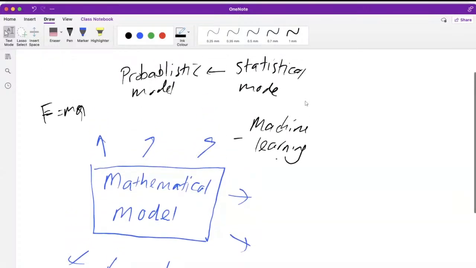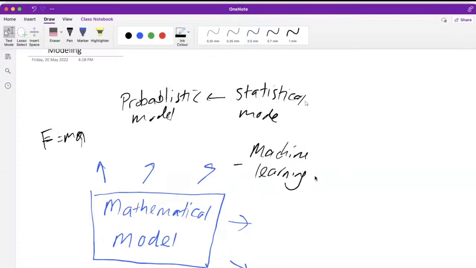So coming back to what we are doing here.